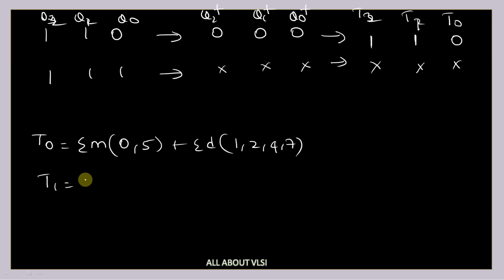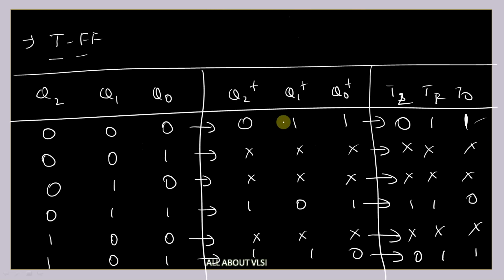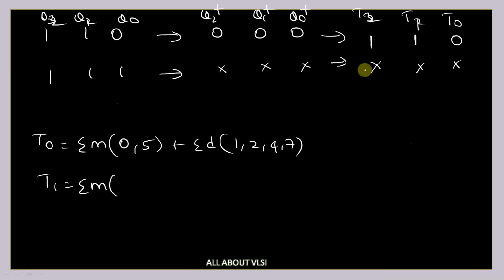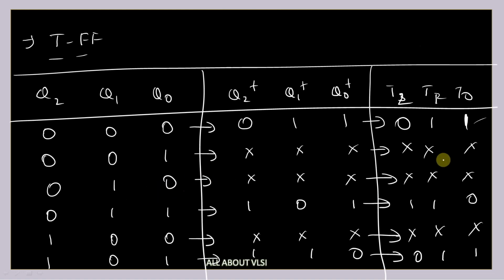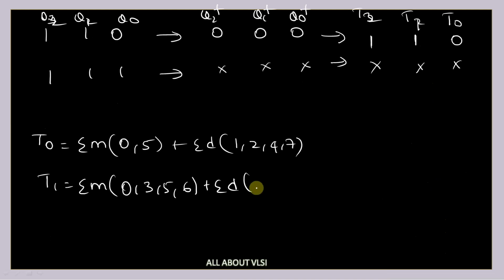And what are the minterms for my T1? T1 is nothing but 0, 3, 5, 6. And my don't cares are nothing but 1, 2, 4, 7.